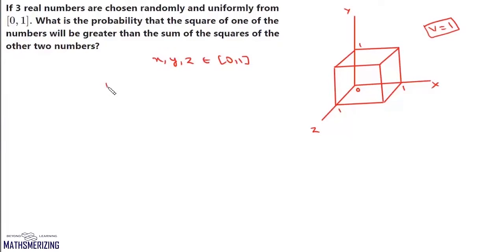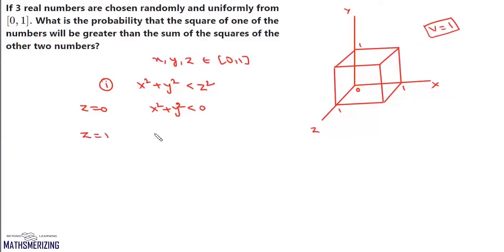So suppose we have this first case, when x square plus y square is less than z square. Now we look at different possibilities by taking different values of z. The value of z starts from 0 and goes all the way up to 1. So when the value of z is 0, it represents a point.